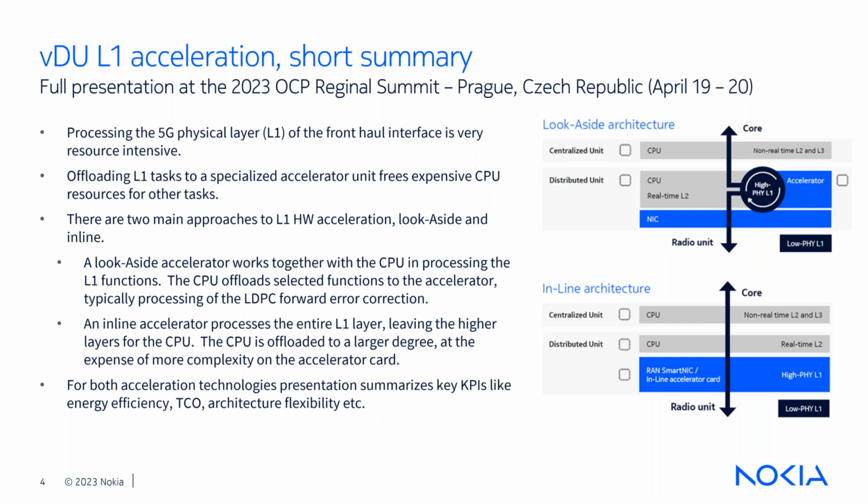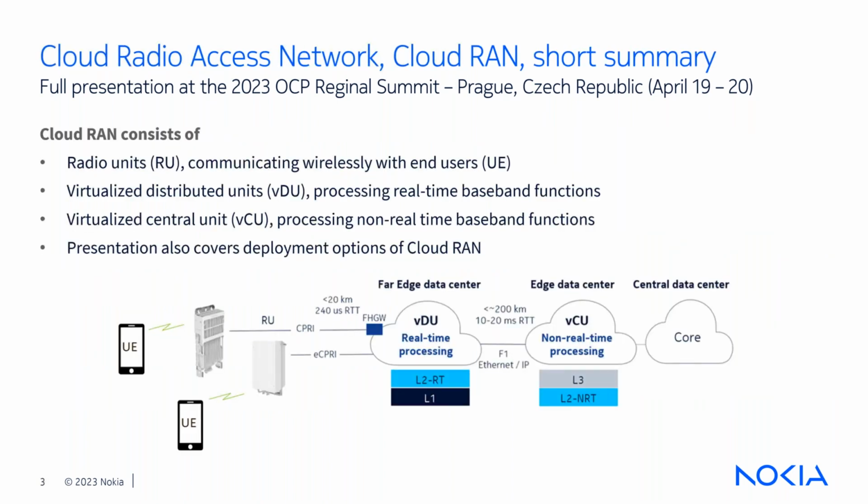Do you know if this is intended to deal with CPRI as well as eCPRI, or is it just eCPRI on the radio interface? Yes, these SmartNICs will be capable of both. And if I go a little bit back, one additional flexibility enabler is the fronthaul gateway, which you can see in this picture.